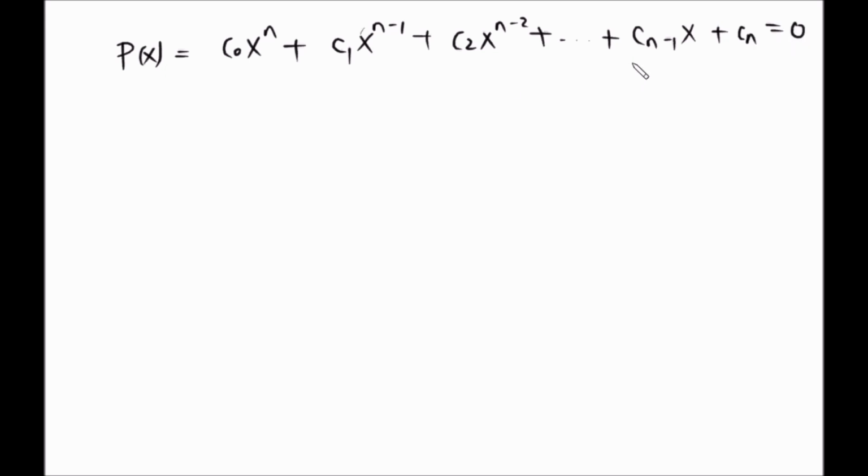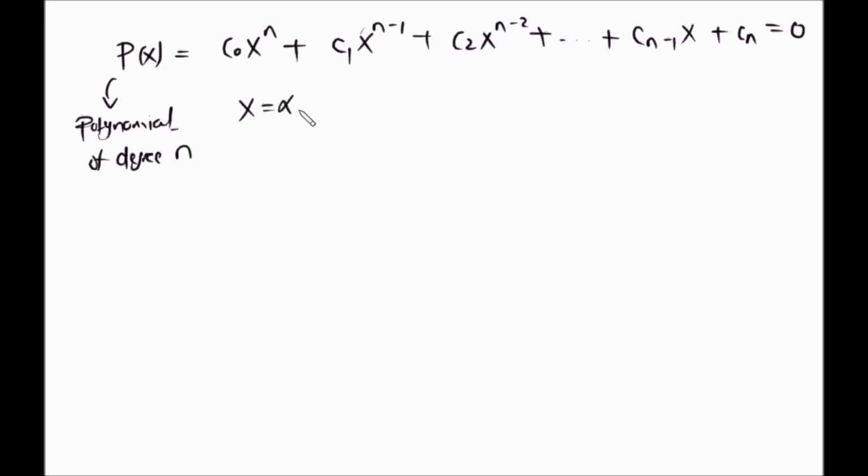So this is a polynomial of degree n. Kwa hiyo majibu sasa yatakuwa ni kama ambavyo polynomial of degree 2 ukisolve unapata 2 values, polynomial of degree 3 ukisolve unapata 3 values, polynomial of degree n ukisolve maana utapata n values.